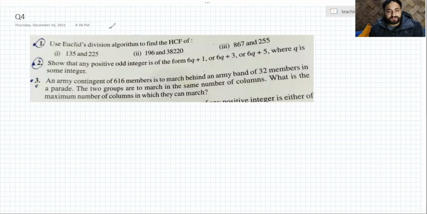Let's move to other examples. So let's come to exercise 1.1. These are the first three questions. I've already taught you how to use Euclid's division algorithm to find the HCF of two numbers. You are going to do these questions by yourselves. I'll show just this part. Question number one: you have to use Euclid's division algorithm to find the HCF of these two numbers.